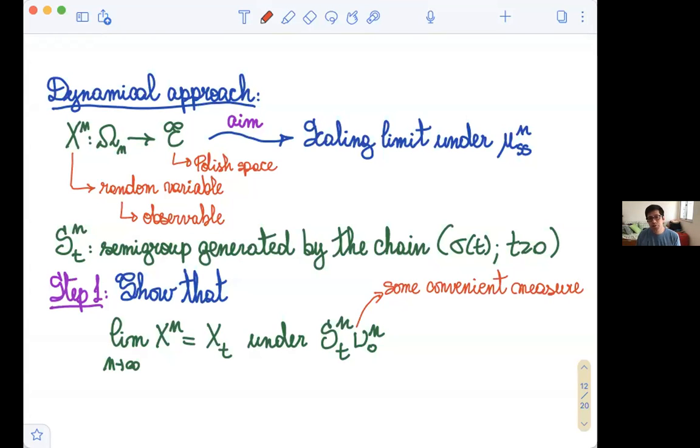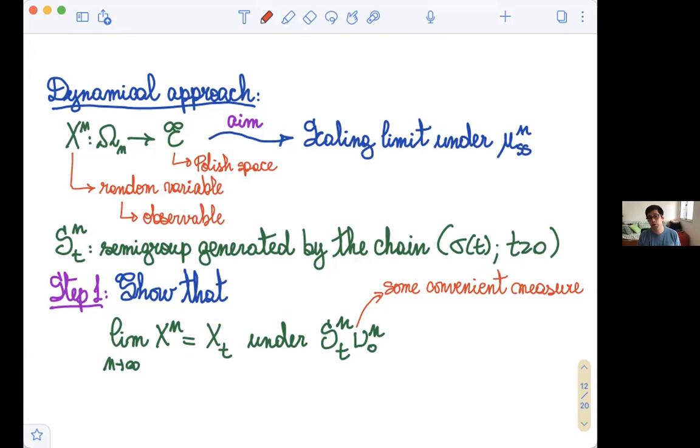And what is a random variable? It's just a function from omega n to some Polish space E. Of course, since omega n comes with a measure, our invariant measure mu SSN, that means that xn induces a measure on E, and these measures are now all defined on the same space.